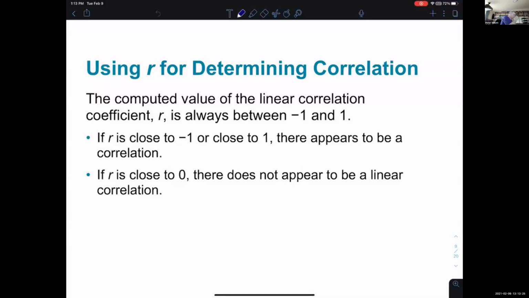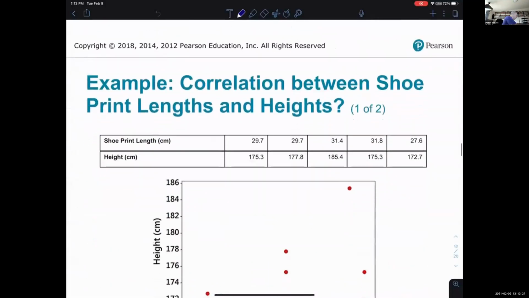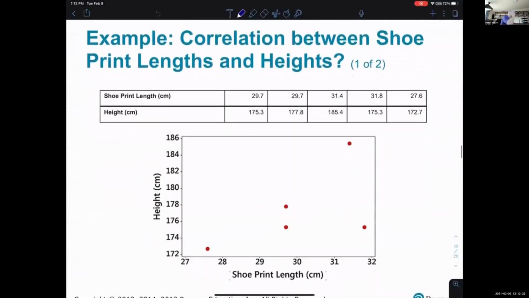All right, let's let some pictures help us with this if they give us one. Okay, so now we have another example. And this time they gave us data values listed out here. They gave us 5 paired data values, one having to do with shoe print length and the other with height.